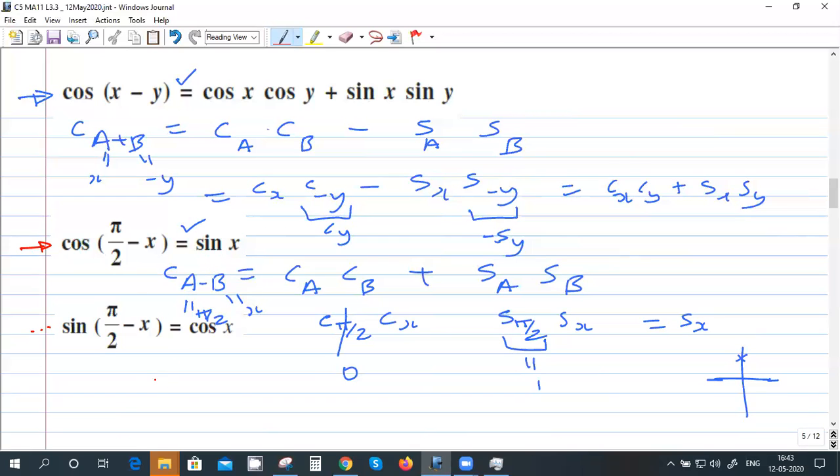So the above formula, you write it like sin of pi by 2 minus a equal to sin a. That is the formula above. Here you put a equal to pi by 2 minus x. So then cos of pi by 2 minus (pi by 2 minus x) will become cos x, equal to sin of pi by 2 minus x. So you have proved this one.